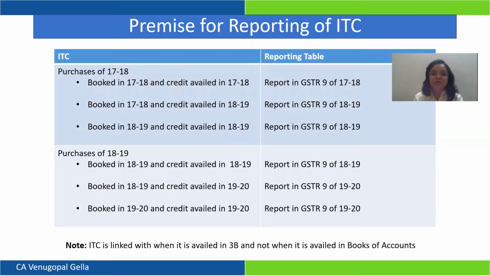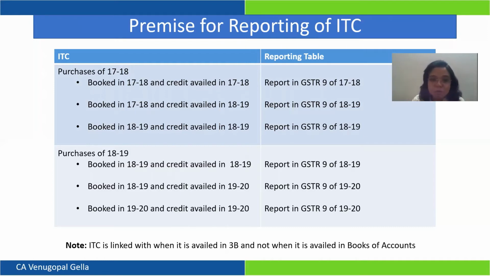Similarly, for the purchases of 1819, that is invoices dated 1819, if they are booked in 1819 and the credits are availed in 1819, they are to be reported in GSTR-9 of 1819. If they are booked in 1819, credits availed next year, that is 1920, they are to be reported in GSTR-9 of 1920. Again, here I'm talking about Table 6 and Table 7 of GSTR-9.